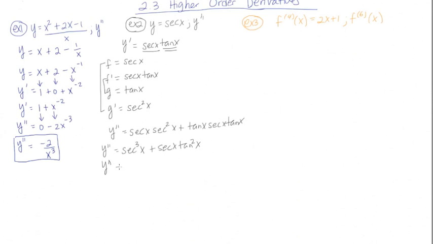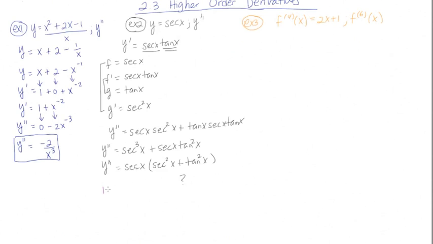Factoring out a secant x, we're left with secant squared x plus tan squared x. Now I know when I see a problem like this with this sort of result, I'm tempted to think that we might need a Pythagorean substitution or something like that. So I'm just going to think for a moment what that identity really is.